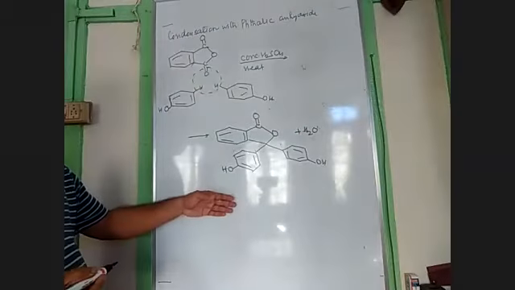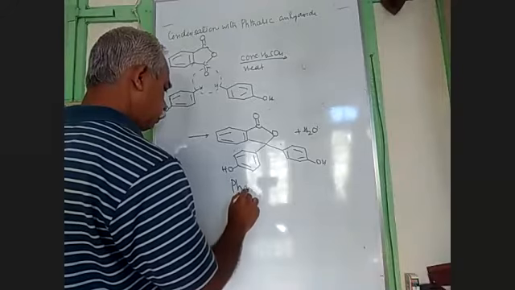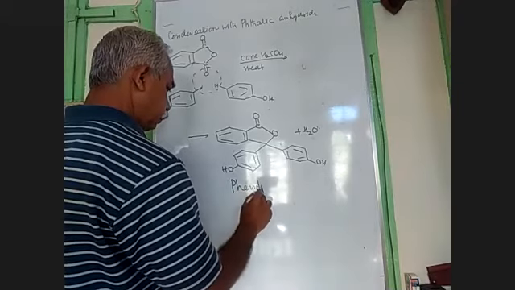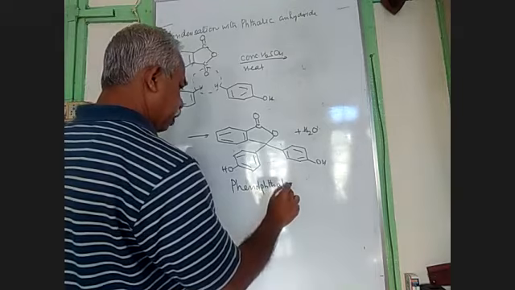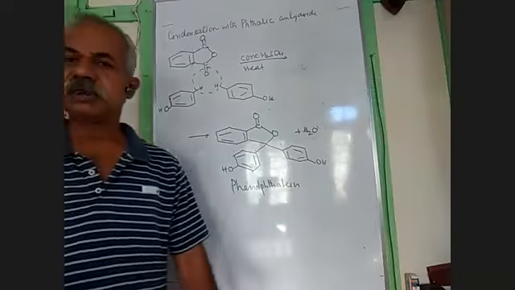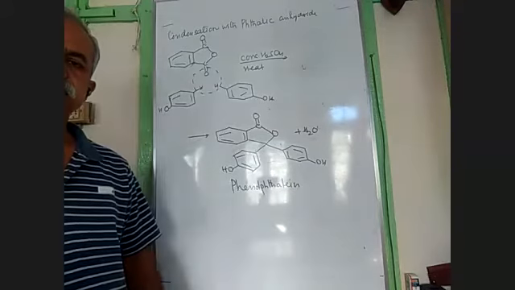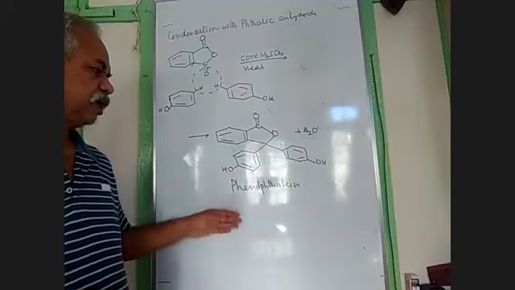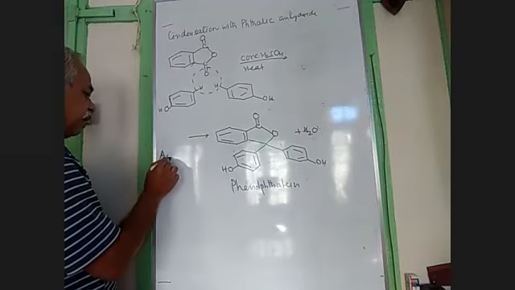This is called phenolphthalein. This is a white powder. In acidic medium, the solution is colorless. And in alkaline medium, it gives you a beautiful pink color. Okay? So this is used as an acid-base indicator.